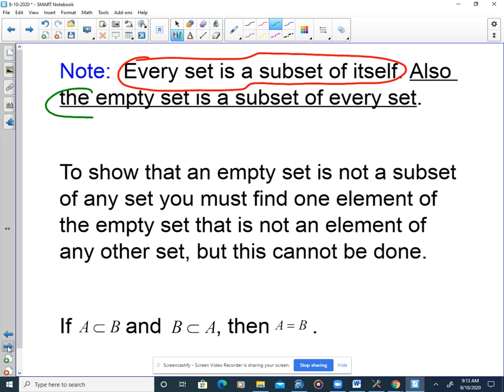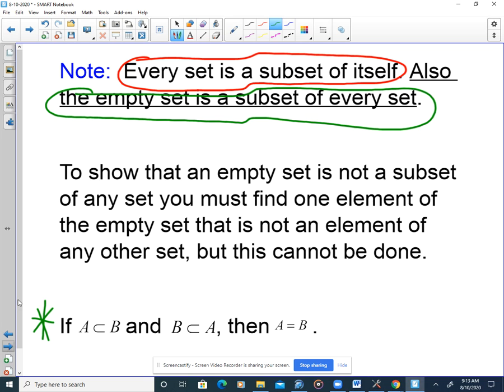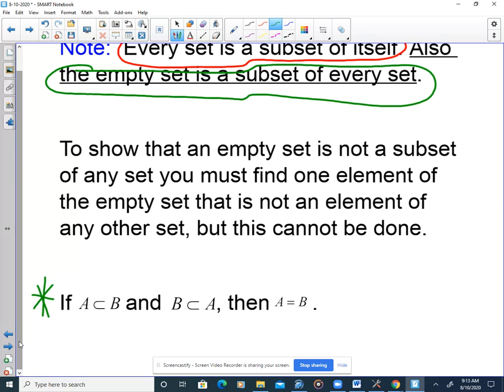The empty set is always a subset of every set. So I want you to always remember that. And then down below here, I just have a theorem. It says this. If A is a subset of B, and B is a subset of A, then what's always true is A is equal to B.